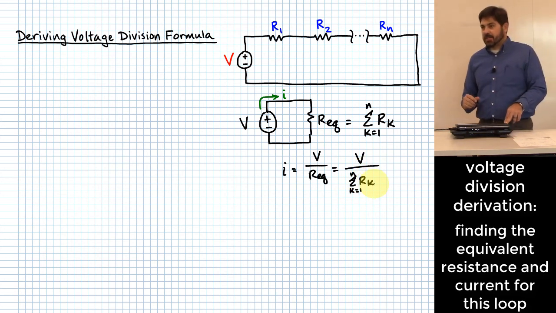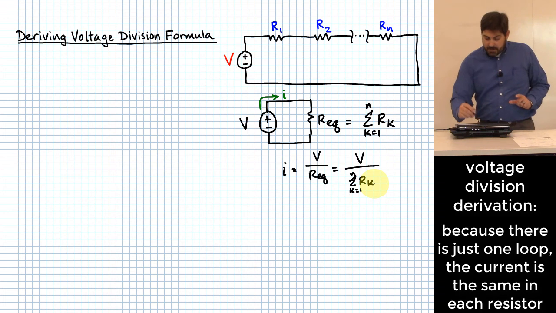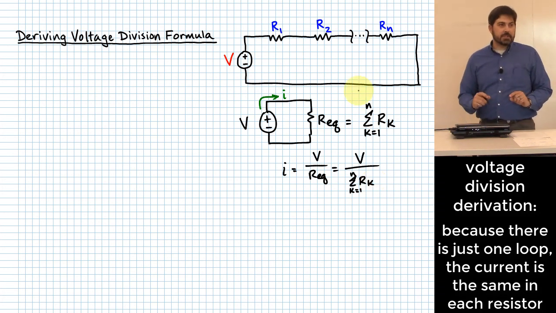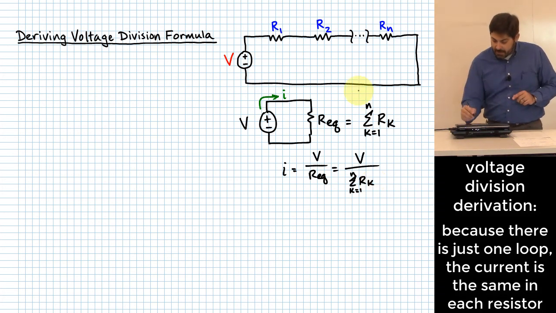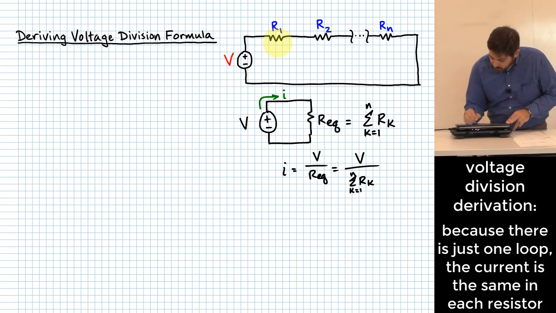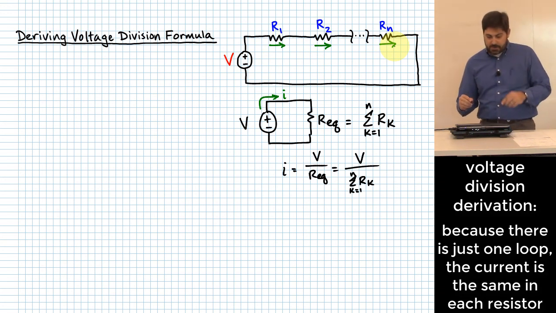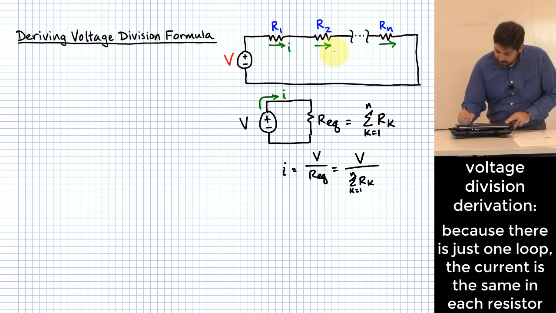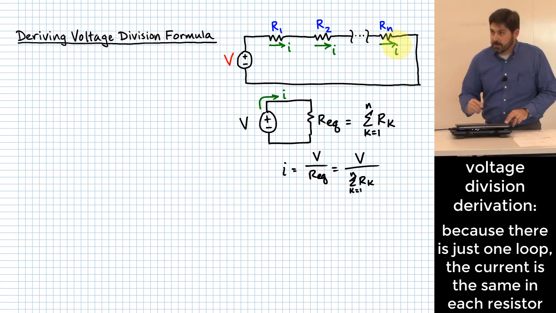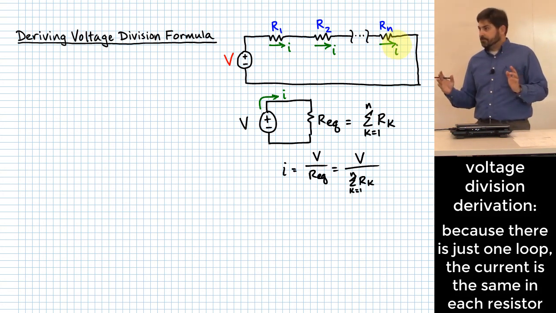That's easy enough, right? Now, because this whole thing is just one series loop, that means that the current that flows through any one of these resistors has to be the same, right? Each one of those currents that flows through any one of those resistors had better be the I value that I just came up with down there. There's no other place for current to go.